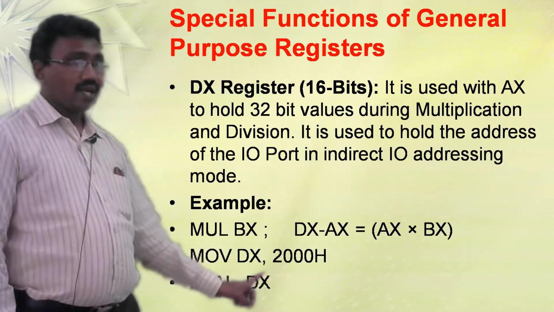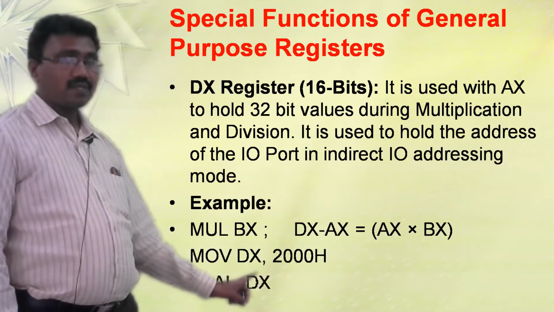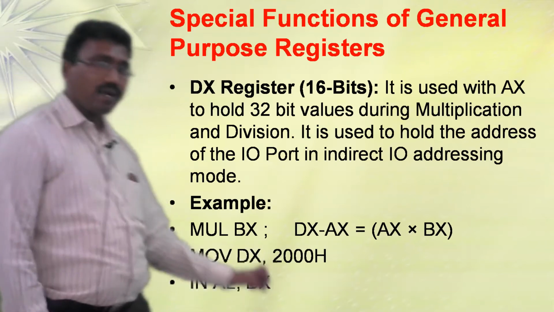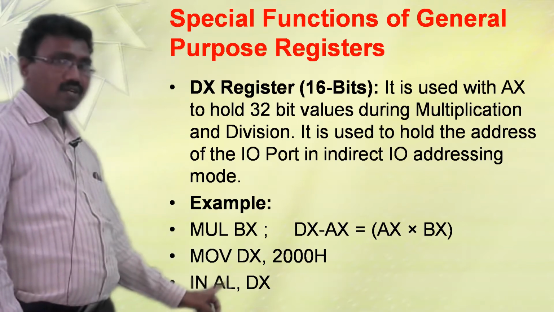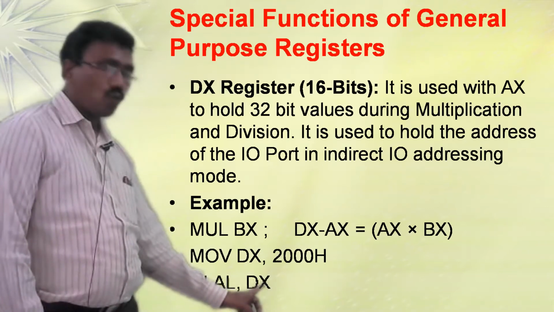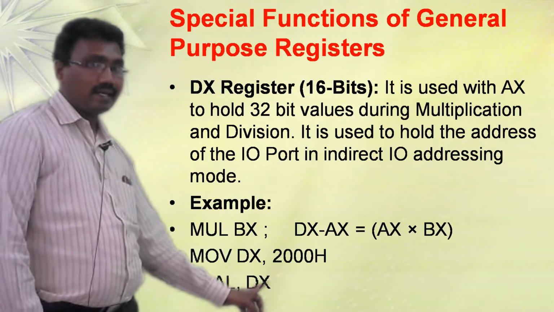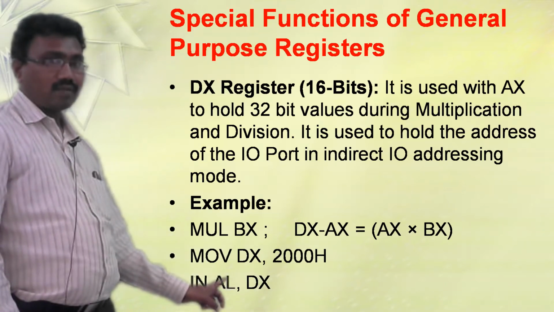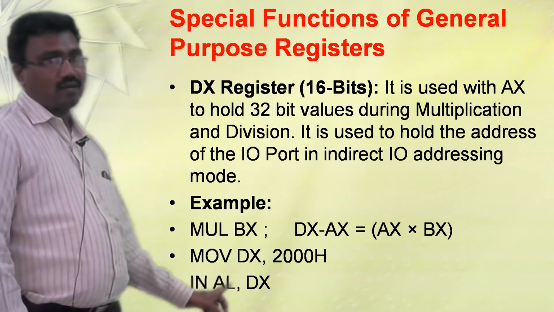So DX has the special function of holding the IO port number. It will take the 8-bit data and send it to AL. In the same instruction we have seen the special function of AL and the special function of DX: DX holds the input IO port number indirectly, and whatever data is taken from the input device is copied to AL.